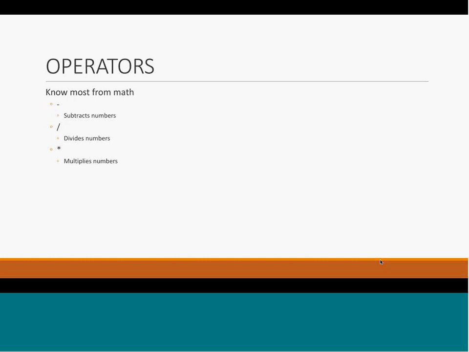So, continuing on, we have operators in JavaScript that you'll use. Most of them are from math, so you have the minus sign, which subtracts numbers, the slash, which divides numbers, the asterisk, which multiplies, and there are 2 more. What do you think they are? Equivalency, which we'll get to later, but yes, just simple operators.